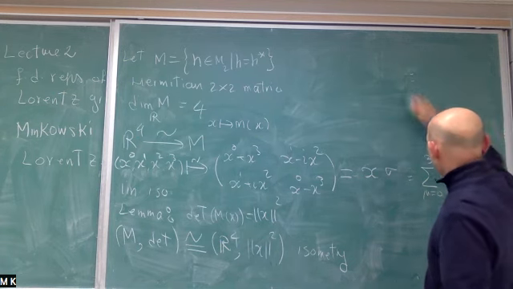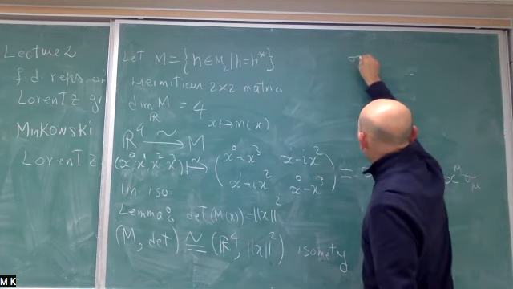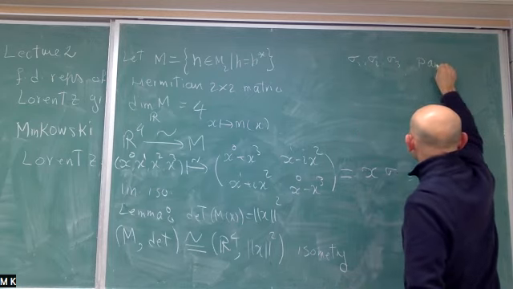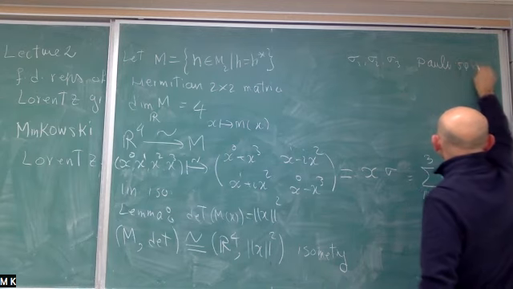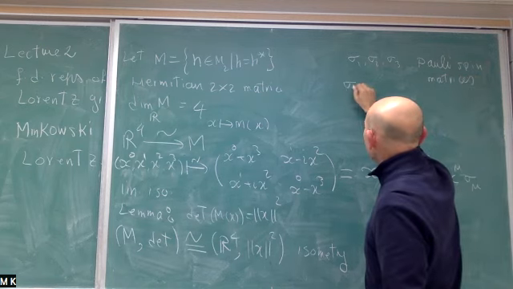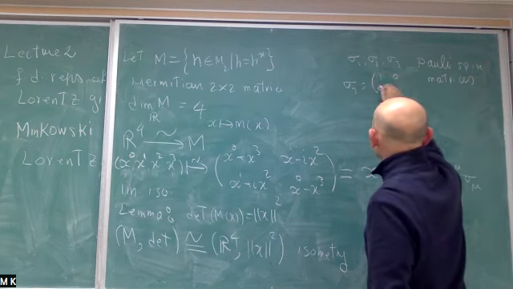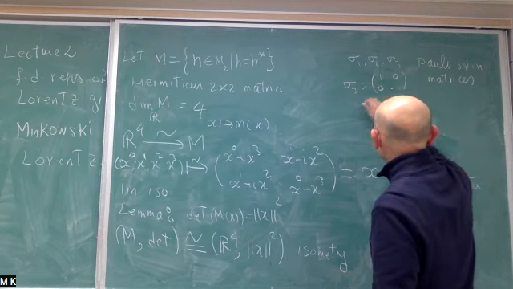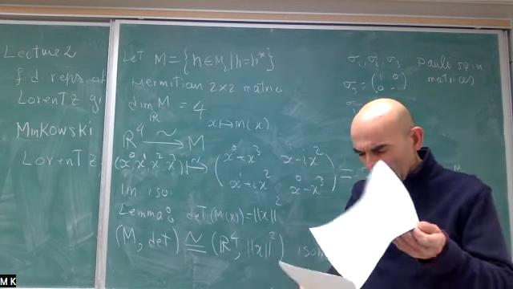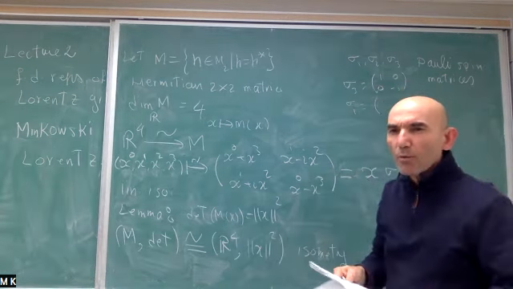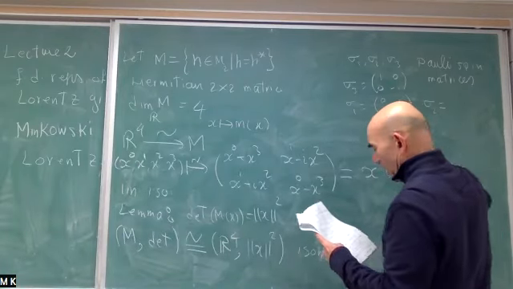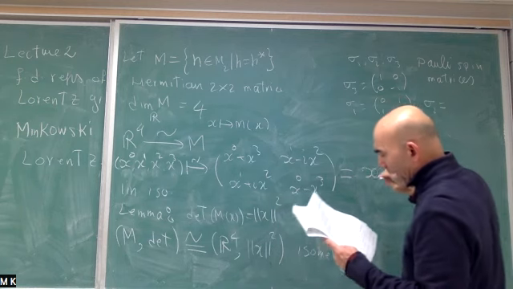Now sigma 1, sigma 2, sigma 3 are Pauli spin matrices. For example, sigma 3 is 1, 0, 0, and minus 1. You can easily remember this one. Sigma 1 is 0, 1, 1, 0. Sigma 2 is 0, minus i, i, 0.